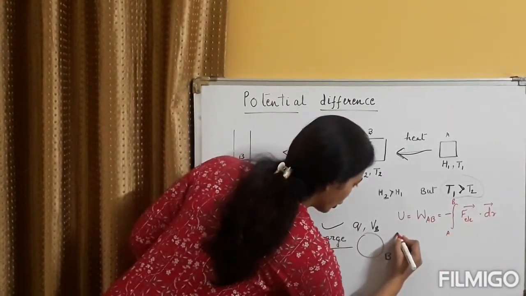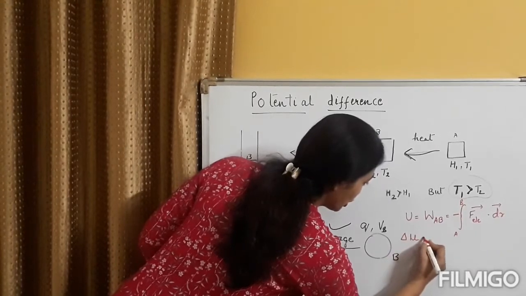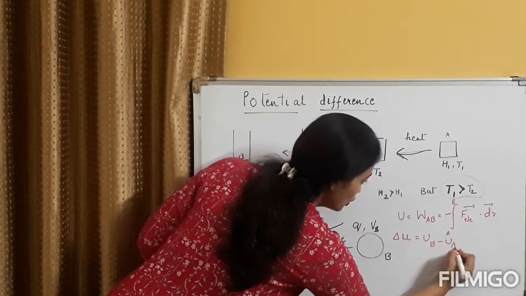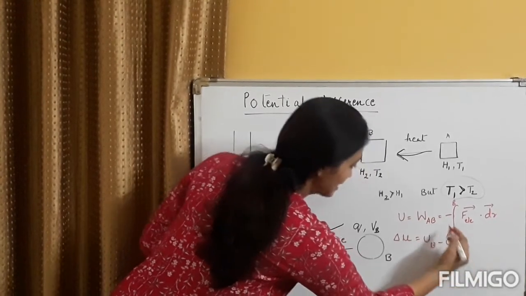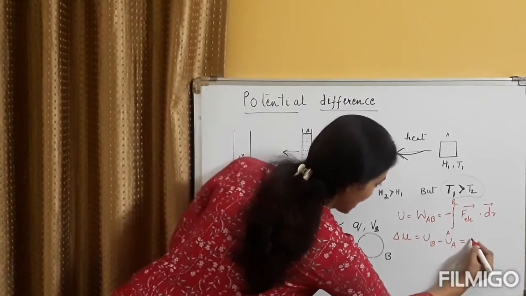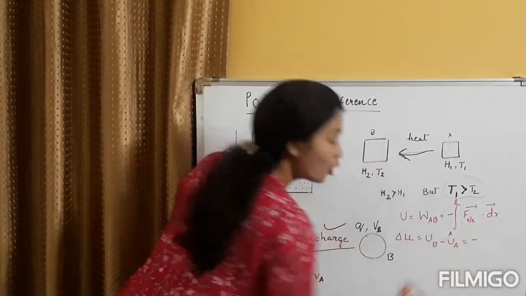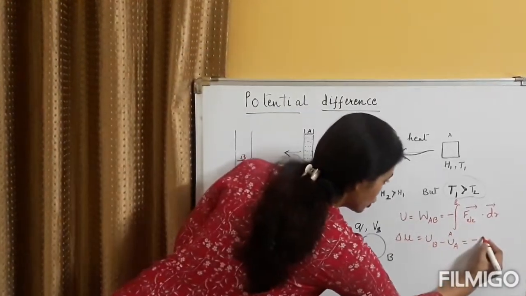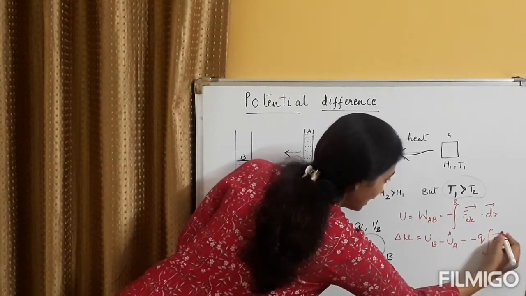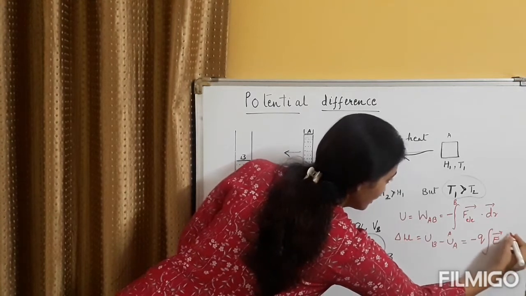If I want to calculate delta U, the change in potential energy, this is nothing but UB minus UA, which is the work done, and can be written as minus the integral of force, which is the product of charge and electric field.